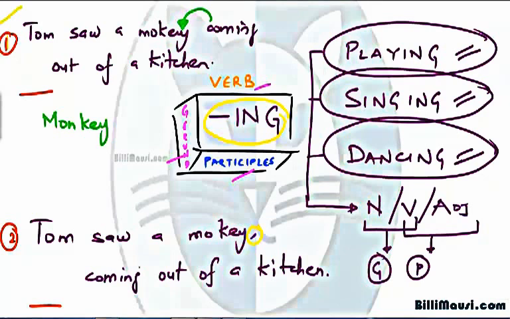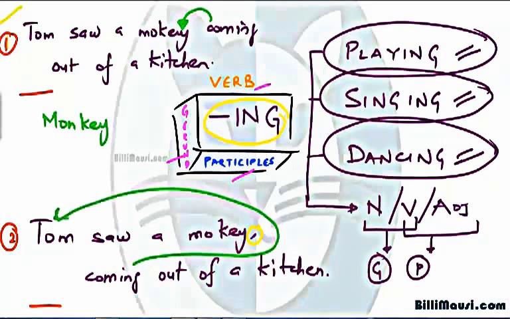But in this case, when we have a comma, coming is modifying or telling us about the subject of the previous clause. What is the subject of the previous clause? Tom. So who is coming out of the kitchen? Tom is coming out of the kitchen. So you see, a small comma can make a lot of difference.